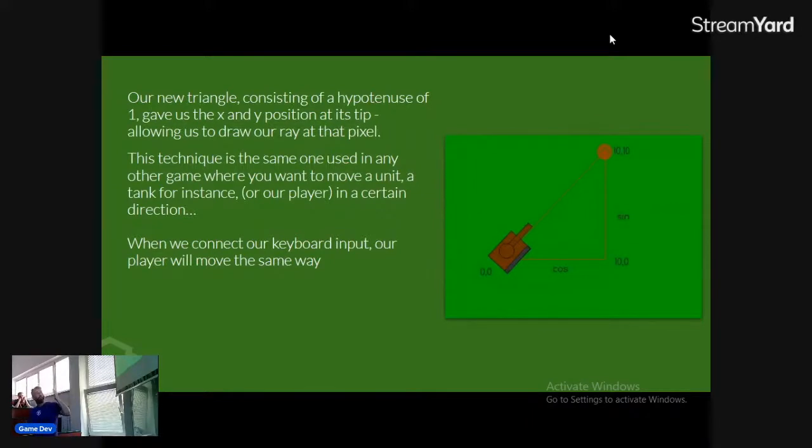If you have a unit on screen and say it has a speed of 5, you have a tank, and there is a motorcycle, the motorcycle has a speed of 10, and you want it to move forward in any direction that it's facing, all that's happening behind the scenes is that you're creating a hypotenuse of a triangle, and you're using the sine and cosine functions to get its position on the next frame. So if the speed is 10, the hypotenuse is 10, and then sine of that will give you the y, and cosine of that will give you the x, and that's its position on the next frame. That's it.